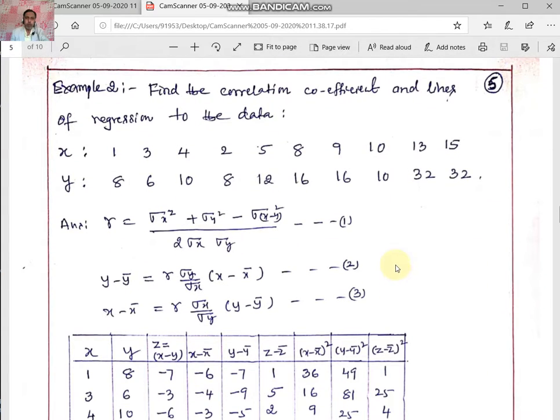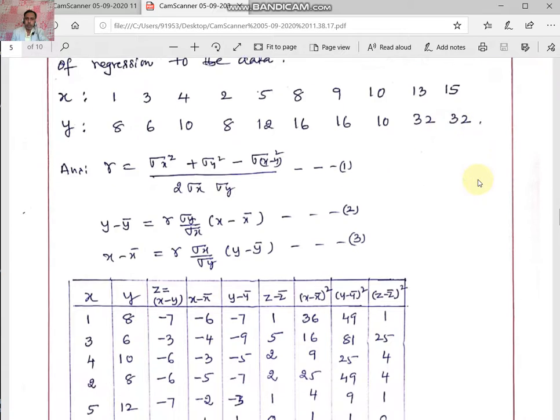And one more example: find the correlation coefficient and the lines of regression for the data. X values are 1, 3, 4, 2, 5, 8, 9, 10, 13, 15. Y values are 8, 6, 10, 8, 12, 16, 16, 10, 32, 32.